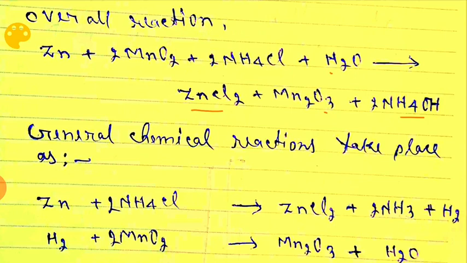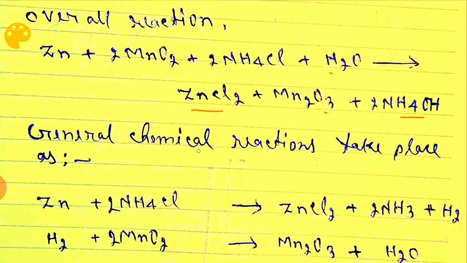No problem in it. Zinc loses electrons and manganese gains those electrons, and thus electrons move from zinc to manganese, means through graphite rod up to manganese dioxide, and current flows from manganese dioxide to zinc rod.